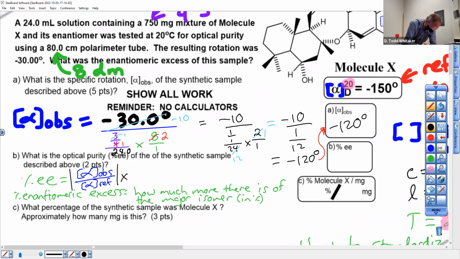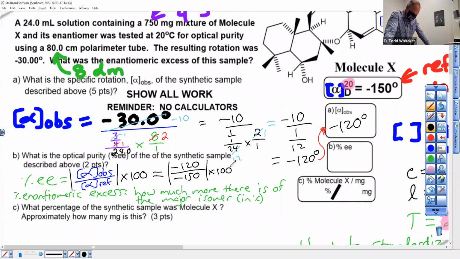Absolute value times 100. So what was the standardized observed rotation? Negative 120. Reference value, negative 150. I don't think it's as hard as it looks. They both clearly divide by 3.